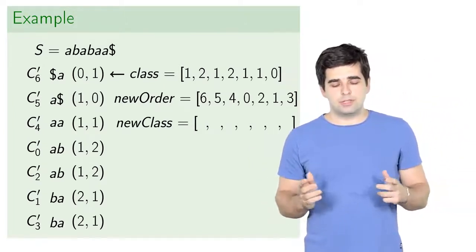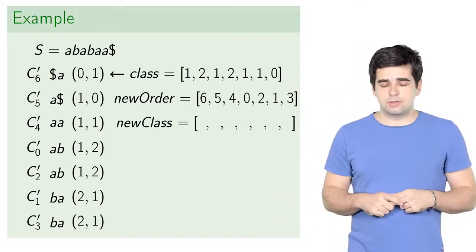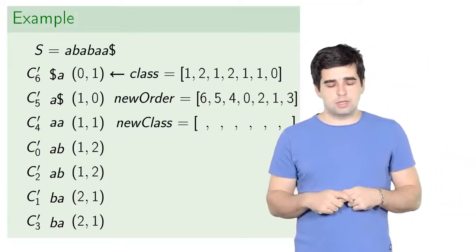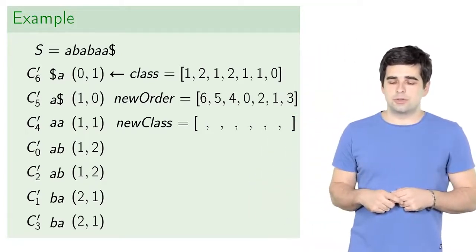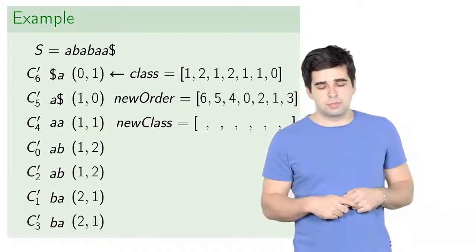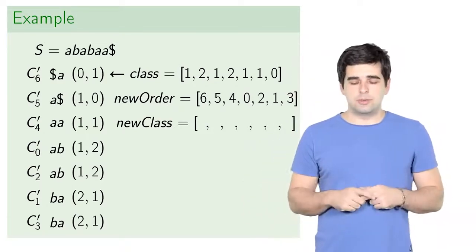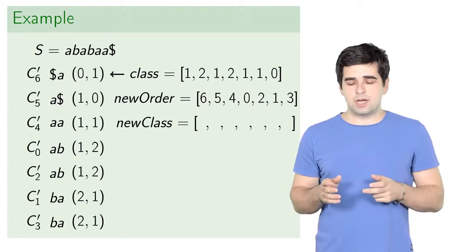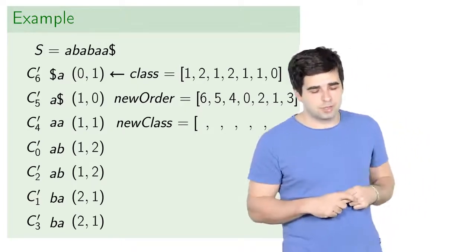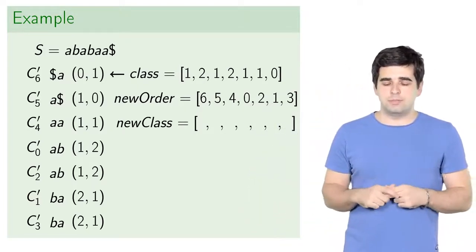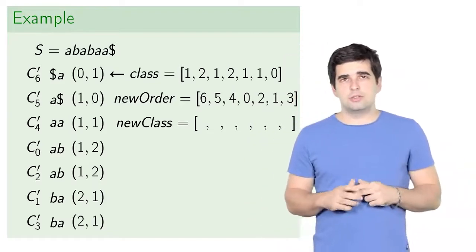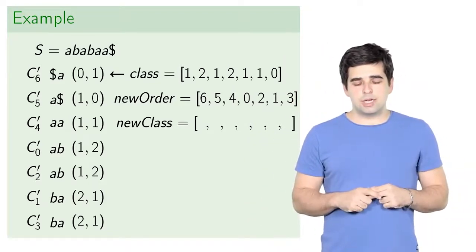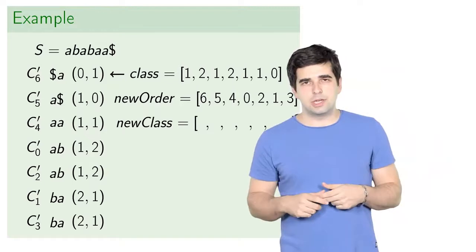Now, for the doubled cyclic shifts, we can write them down in the order, because we've already sorted them and we know the new order, which is the order of the doubled cyclic shifts. They go 6, 5, 4, 0, 2, 1, 3, from $A to BA. And along with each doubled cyclic shift, we also write down the pair of the equivalence classes of its halves.